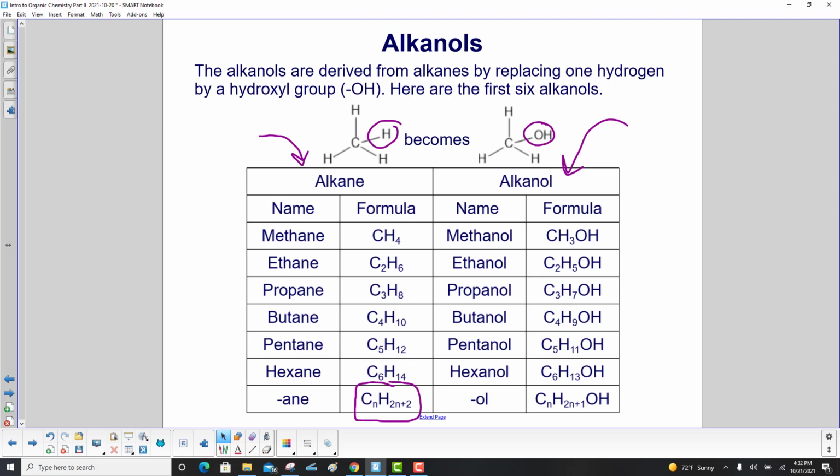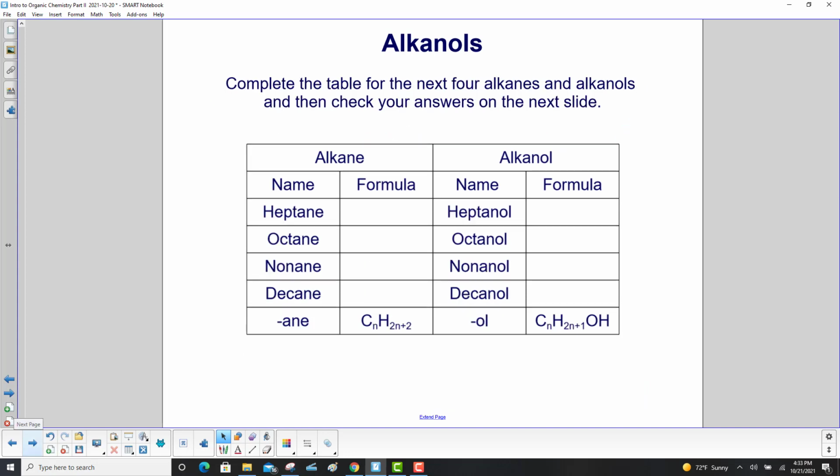The alkanol is going to be CnH2n+1OH, right? Took away a hydrogen, but added the OH. And let's just pick propane here. Propane, the alkane, its alkanol is propanol. We replaced the ANE part with the OL. And you can take a look at these and see the various formulas. We did the first 6 alkanes and alkanols.